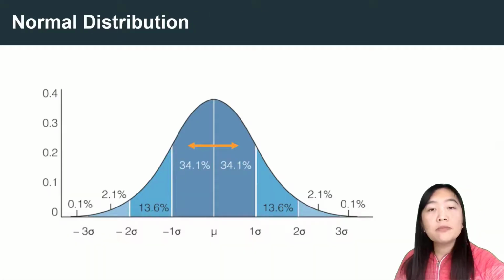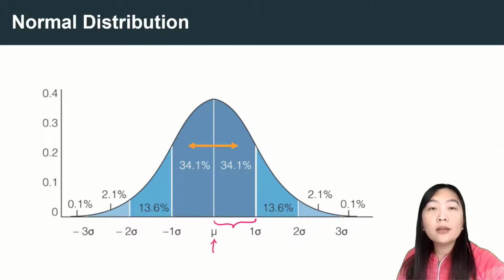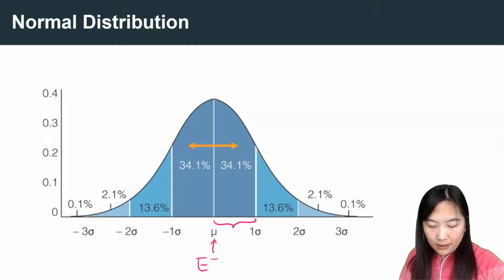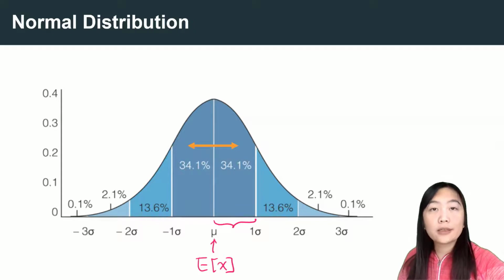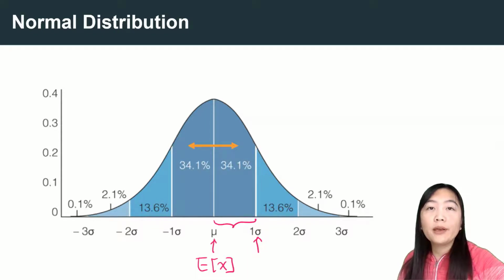Going back to this normal distribution graph, mu is the mean, the expected value of x, and this range I just put here is 1 sigma, where sigma is the standard deviation.